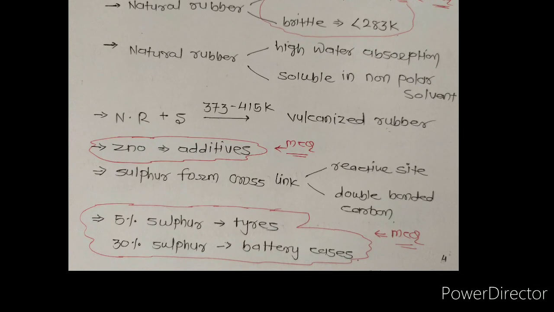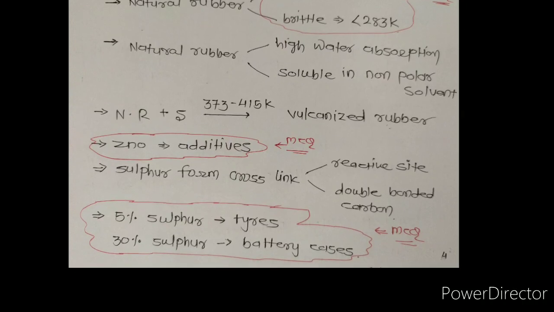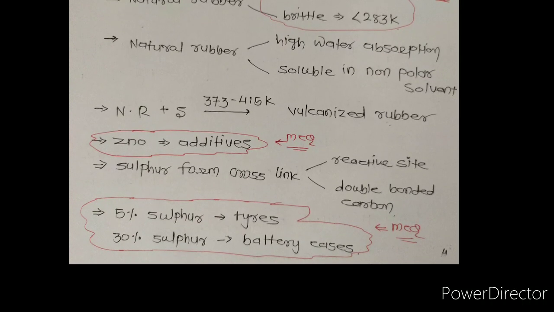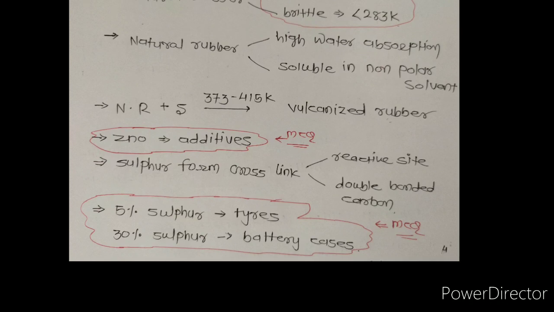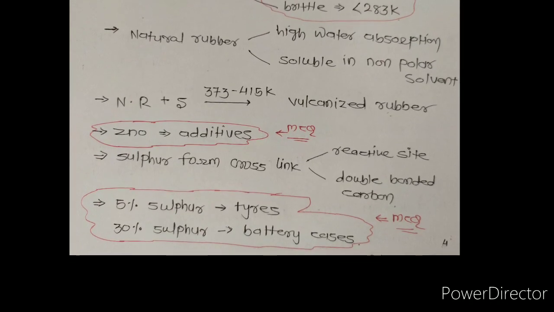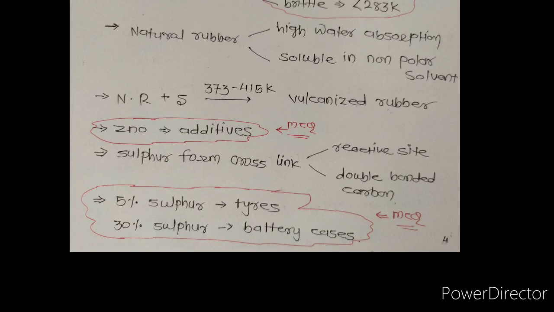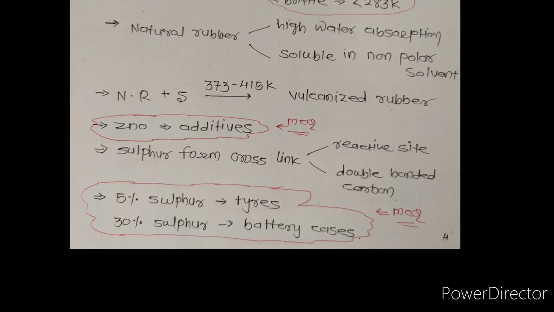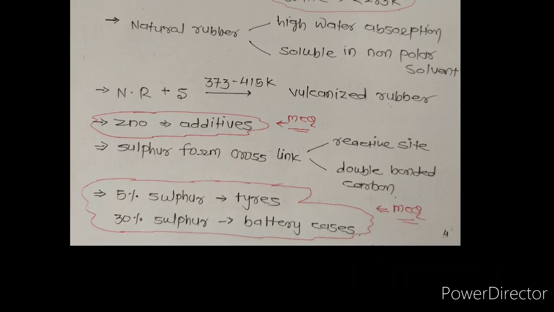To make this reaction, we add zinc oxide as an additive which works as a catalyst. This point is also asked in the Gujcat exam: which additive is used in preparation of vulcanized rubber? Then the answer is zinc oxide.